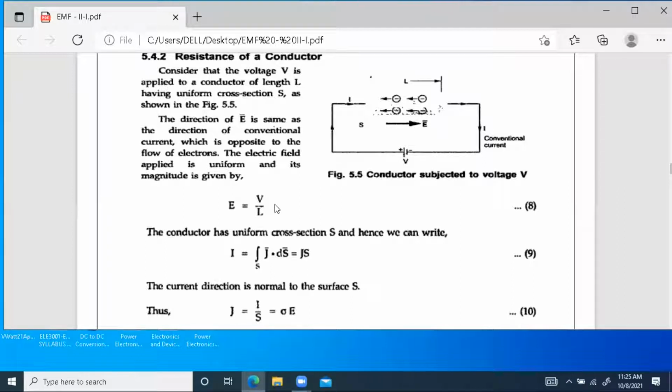The electric field is the potential difference over the length of the conductor.